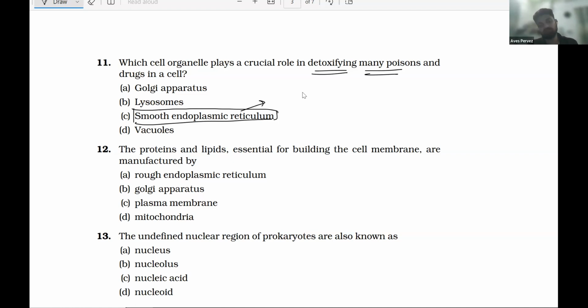Do question number 12. Sir, A, rough endoplasmic reticulum. Protein and lipids are essential for building cell membranes and are manufactured by the rough endoplasmic reticulum.